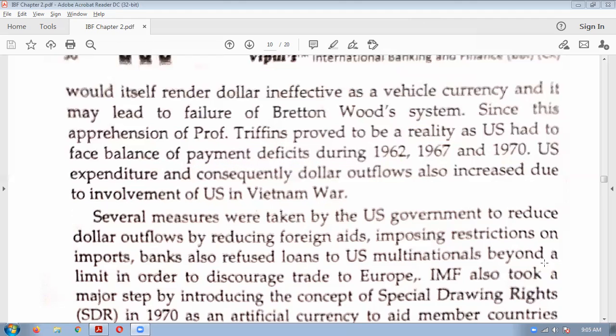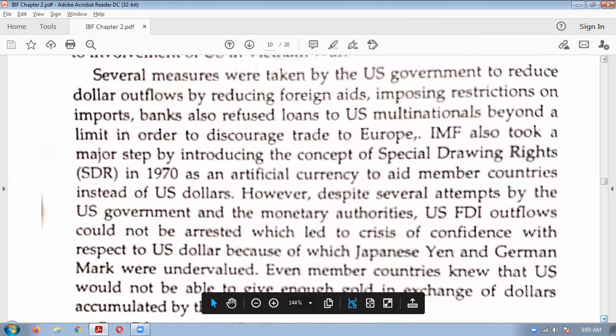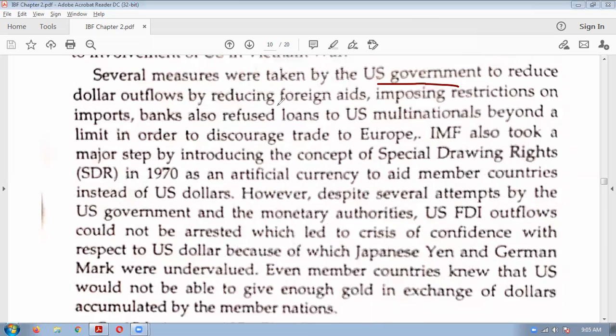Now, to correct this deficit in balance of payment, the US government started taking various measures to reduce the outflow: reducing foreign aid, reducing support to other countries, and imposing restrictions on imports.